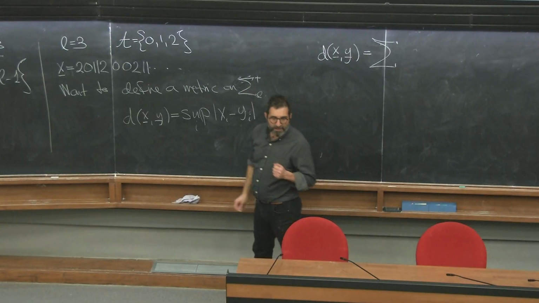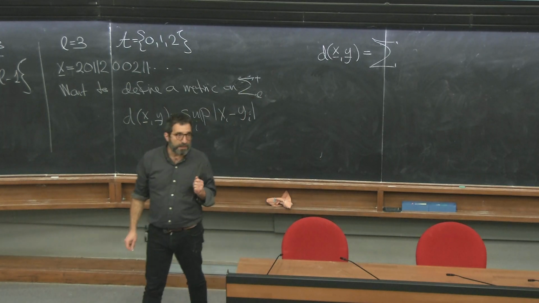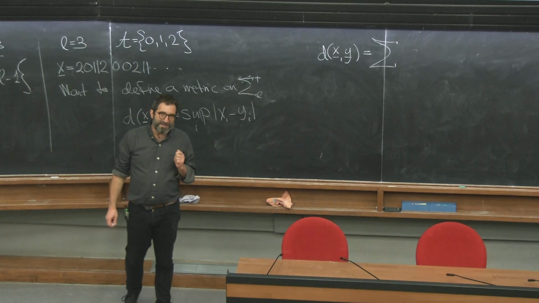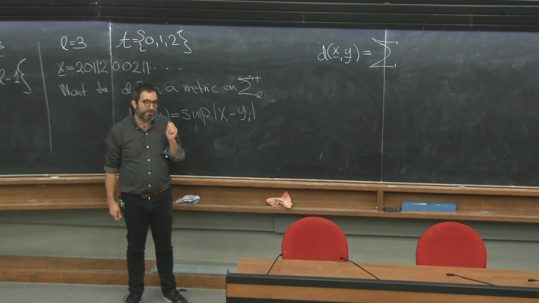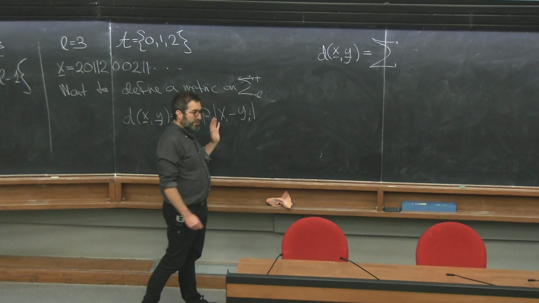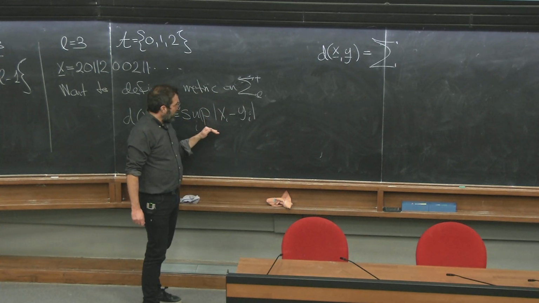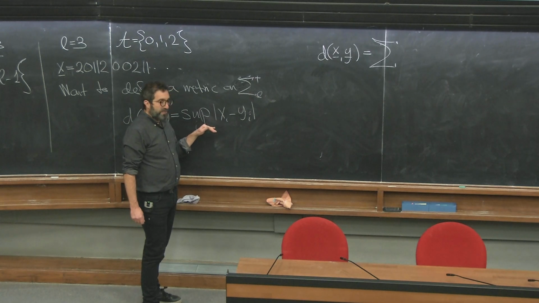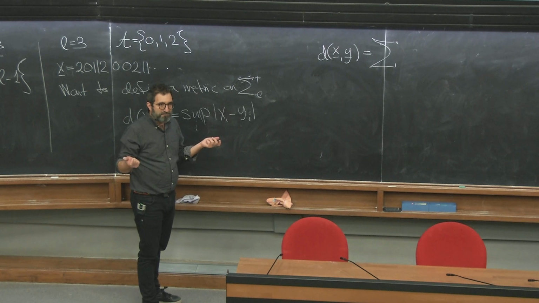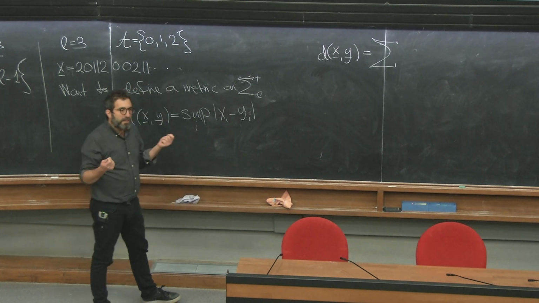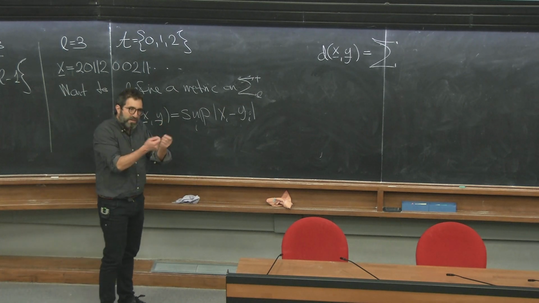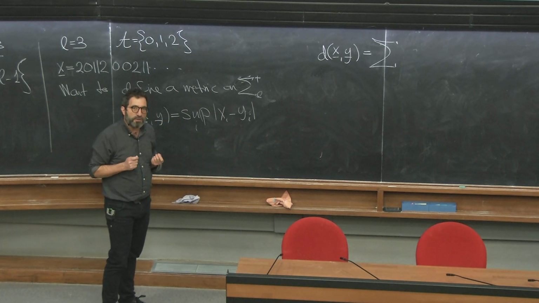Actually, before I write down the metric, I wanted to discuss a little bit more from an intuitive point of view, because this is very formal. From the point of view of the previous metric, two sequences are never close to each other. So we're really looking for a metric in which you will be able to have sequences that are arbitrarily close to each other.